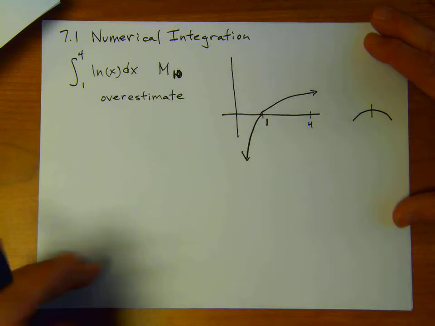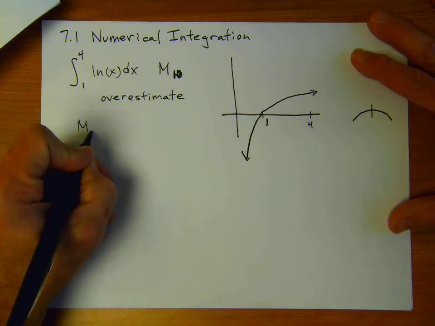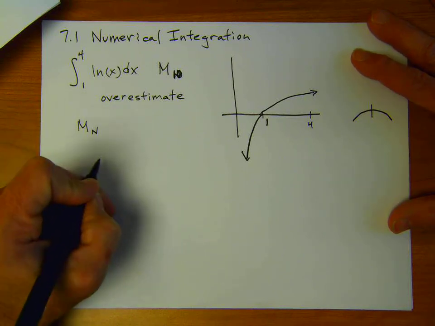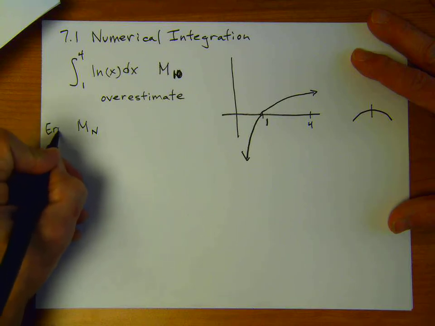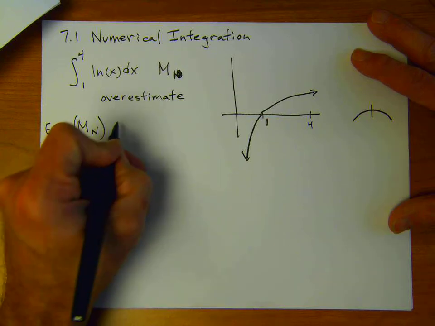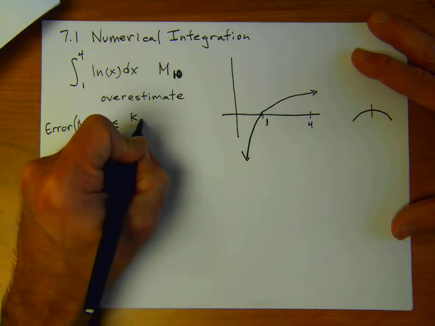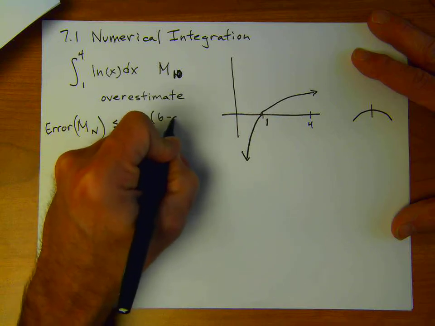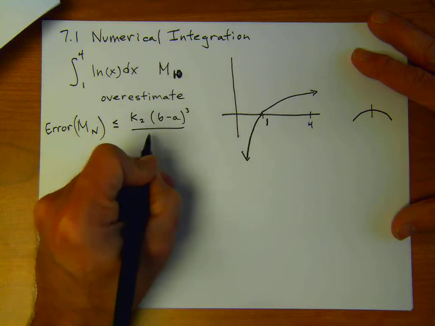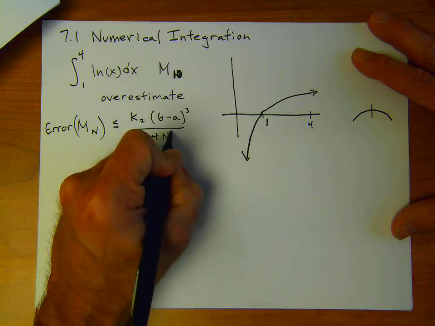The other thing that they wanted us to do is to find a bound for the error. So they want us to use our error formula. The error for the midpoint rule with n rectangles, an upper bound for it, is no larger than K2 (b minus a) cubed over 24 n squared.